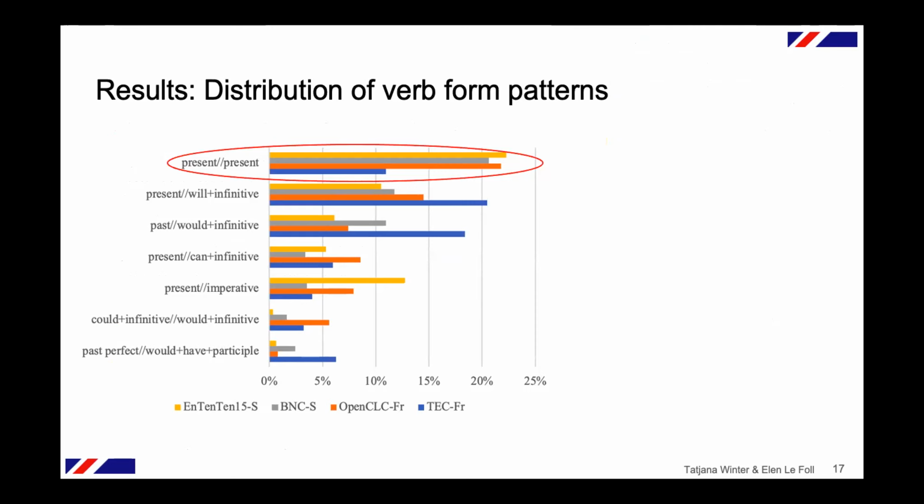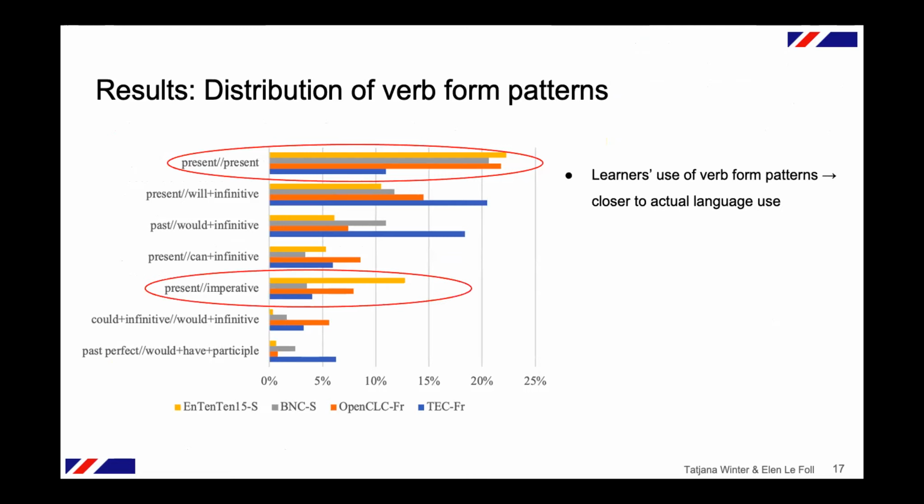We also looked at the distribution of verb form patterns. So the ELT typology combines both the verb form patterns and the meaning. Looking just at the verb form patterns, we find that learners' use of these various verb form patterns is actually closer to real life language use than the textbooks.